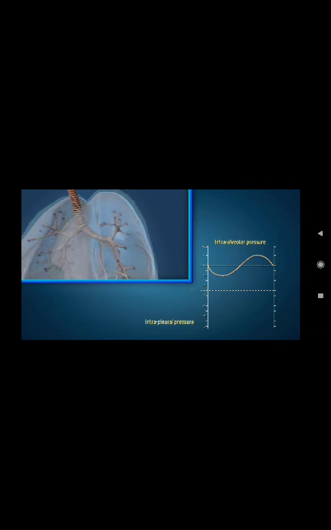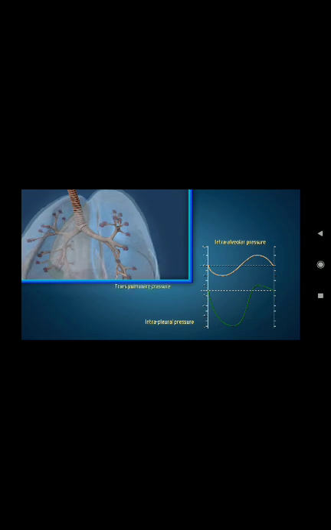This pressure becomes more negative during normal inspiration due to further expansion of the chest cavity, creating a negative pressure of about -6 mm of mercury. During expiration, the chest wall is pulled back to resting position and the pleural pressure returns to -2.5 mm of mercury.